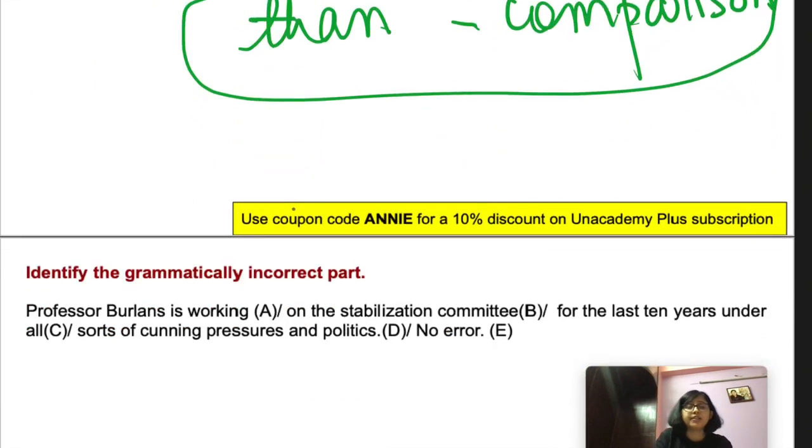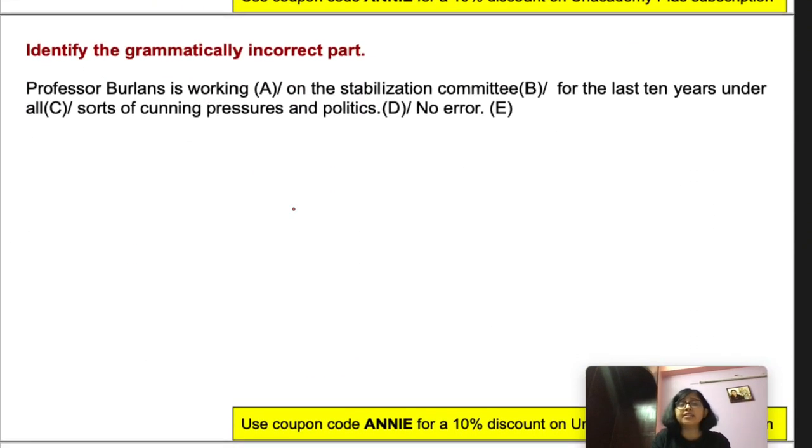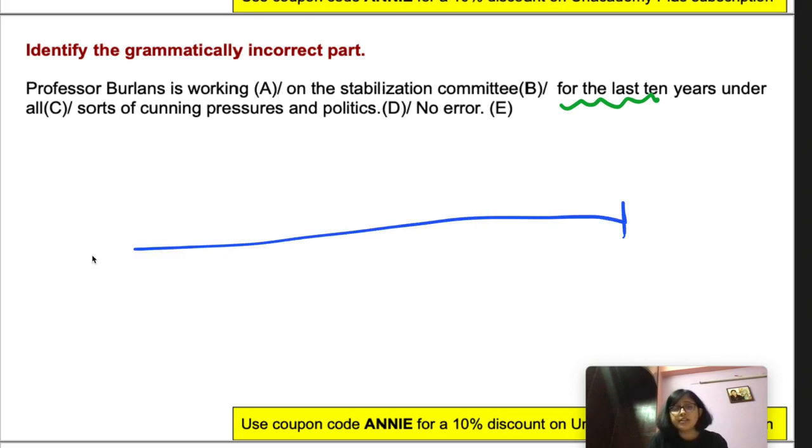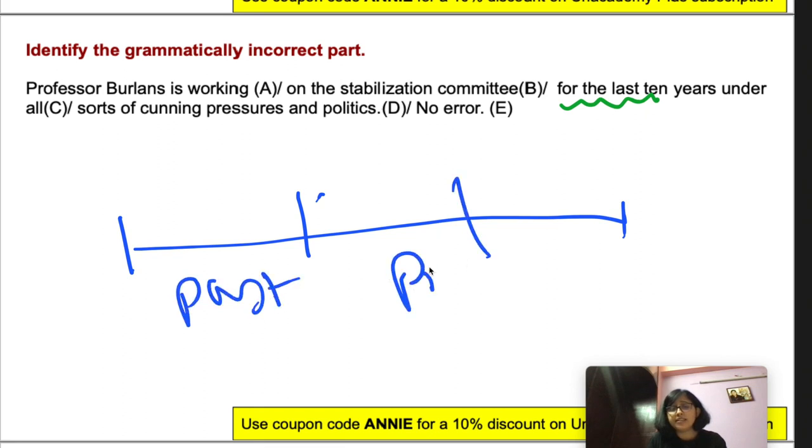Okay. Next, Professor Berlans is working on the stabilization committee for the last 10 years under all sorts of cunning pressures and politics. Now the thing is, this is the timeline: past, present and future.